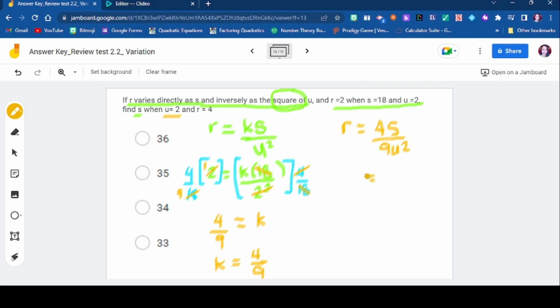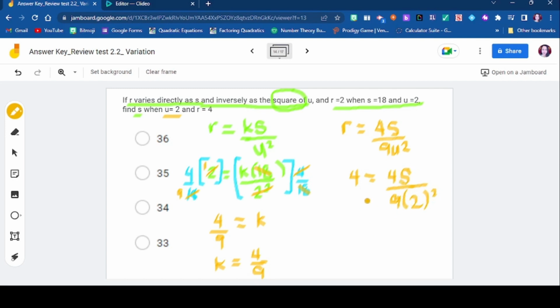So we need to find S. So U is 2. R is 4. Okay, so 4S over 9 times 2, then squared. So this is S, don't forget.